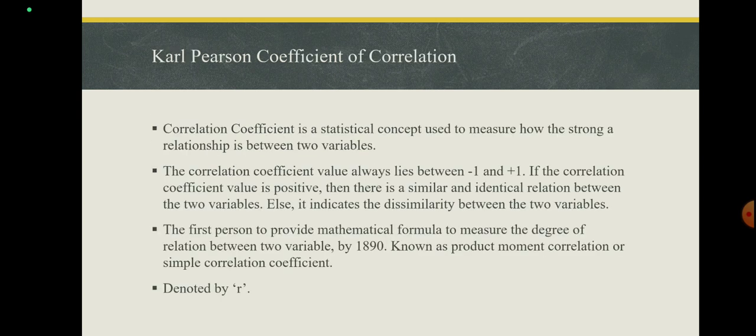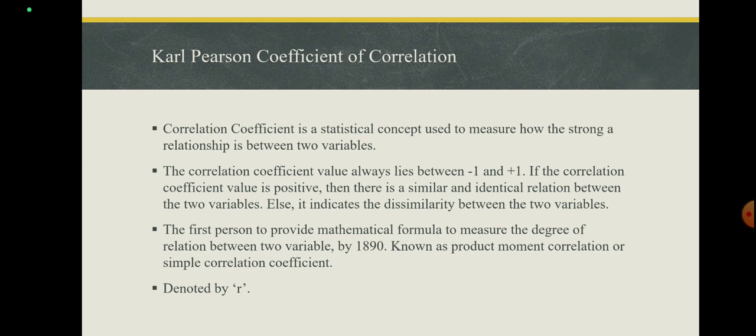First, Karl Pearson's coefficient of correlation is a statistical concept used to measure how strong the relationship is between two variables. The correlation coefficient value always lies between +1 and -1.